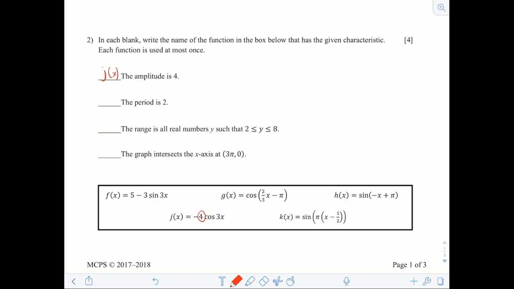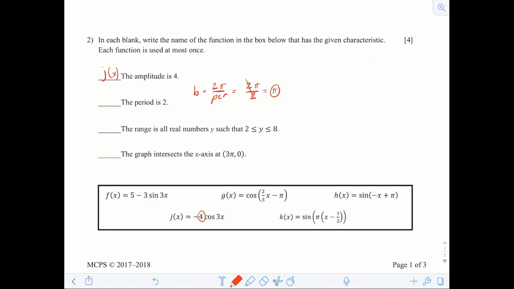Where's the period equal to 2? A couple things to take note of. There is a b value for these types of problems. So b is equal to 2 pi divided by the period. If I know the period is 2, I can write this as 2 pi over 2, and the 2's cancel, I'm left with pi.